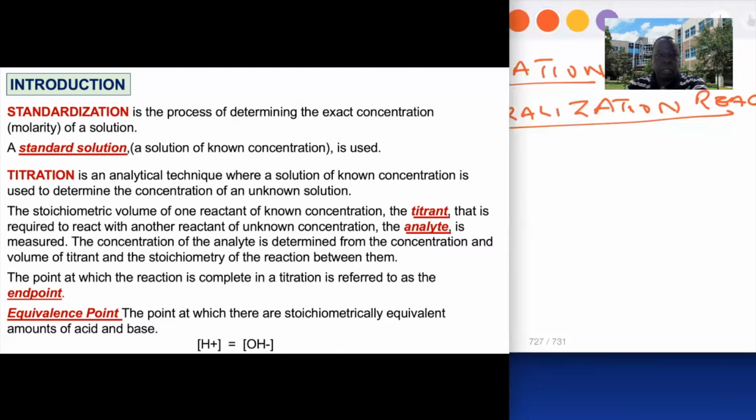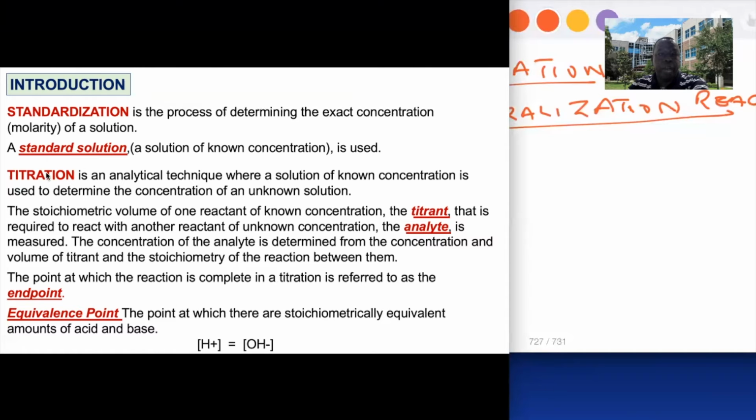Titration is simply an analytical technique used in determining the concentration of an unknown solution. In this case, we call it the analyte. The terms you see in italic highlighted, these are the terms you should be able to commit to your memory. They will come back down the line.